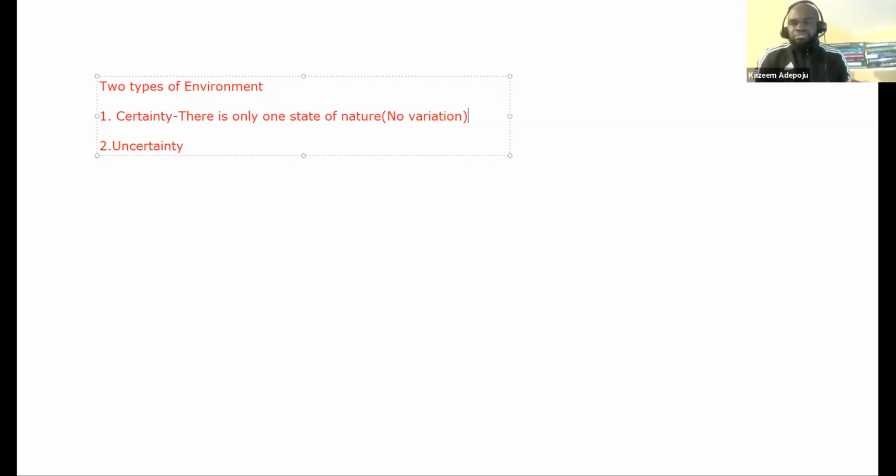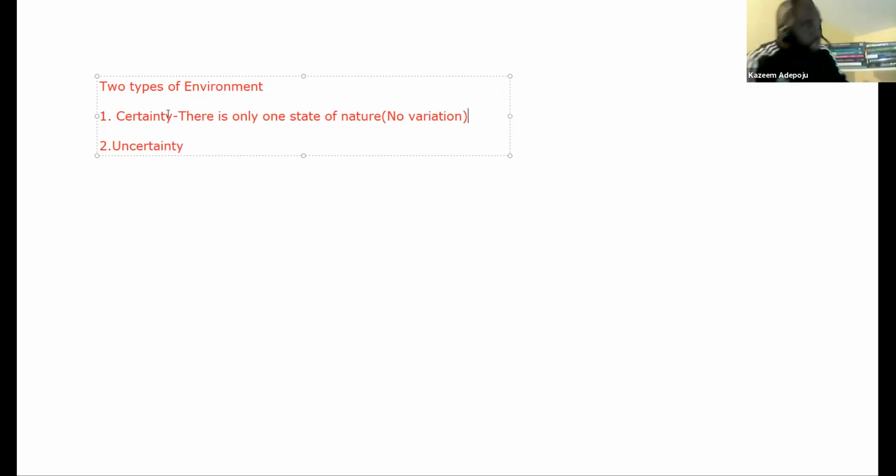Because the essence of statistics, the essence of mathematics, the essence of manipulations that we do can only thrive when there is variation. If there is no variation, there is nothing to worry about. It means things are going to be the same at different times.